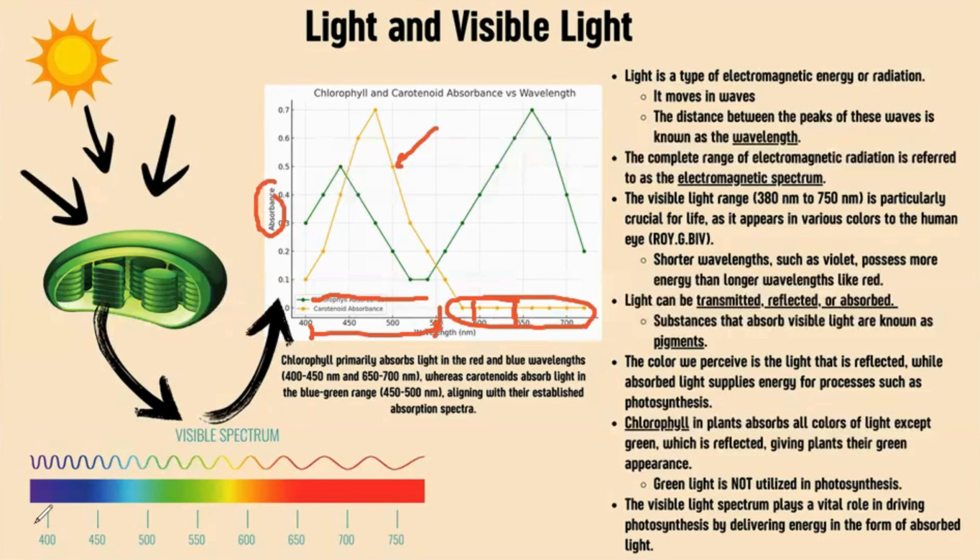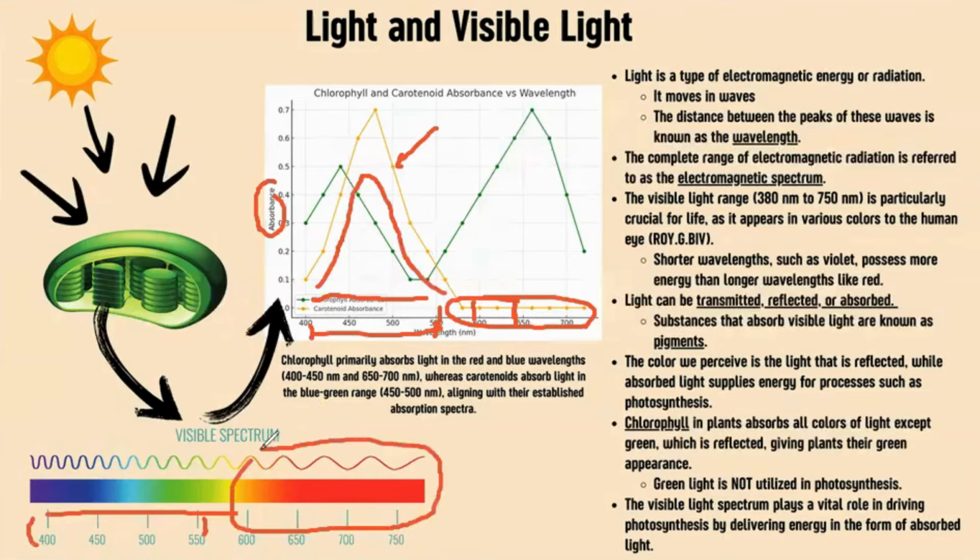So if the plant is absorbing that color, so that's the 400 to, I think it's 500, we don't see this color for this orangey color of carotenoids. Instead, we see what is not being absorbed because that is what's being transmitted. The color we perceive is what's being reflected, and what's being absorbed is the utilization through photosynthesis.